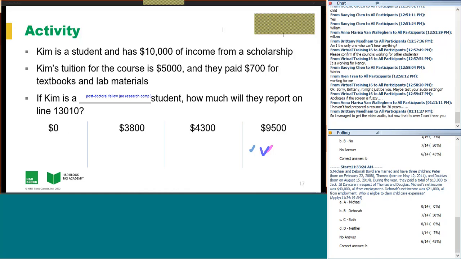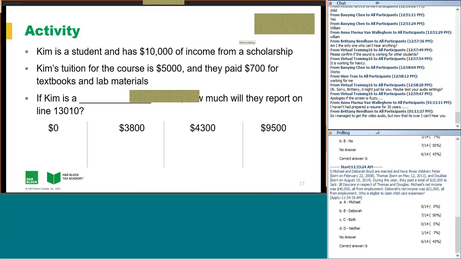Okay, got a couple of people saying 9,500. I agree with you. 9,500. The rest of it they can't deduct. It's all taxable except the $500 exempt portion. Good, that's a trickier one. We don't see them all the time, but we do see them. So if you have someone who already has a PhD and they're taking more courses, I'm going to have to dig into what they're going to school for a little bit more.